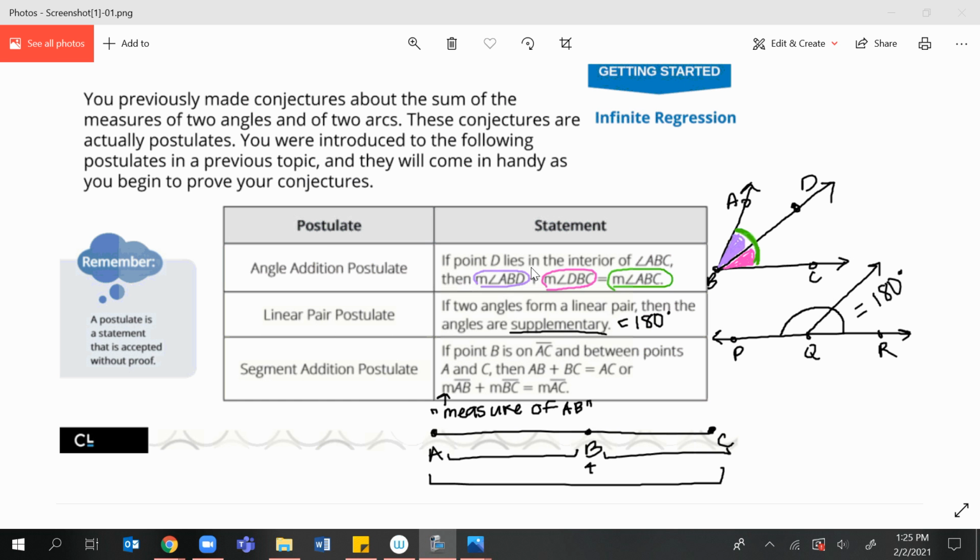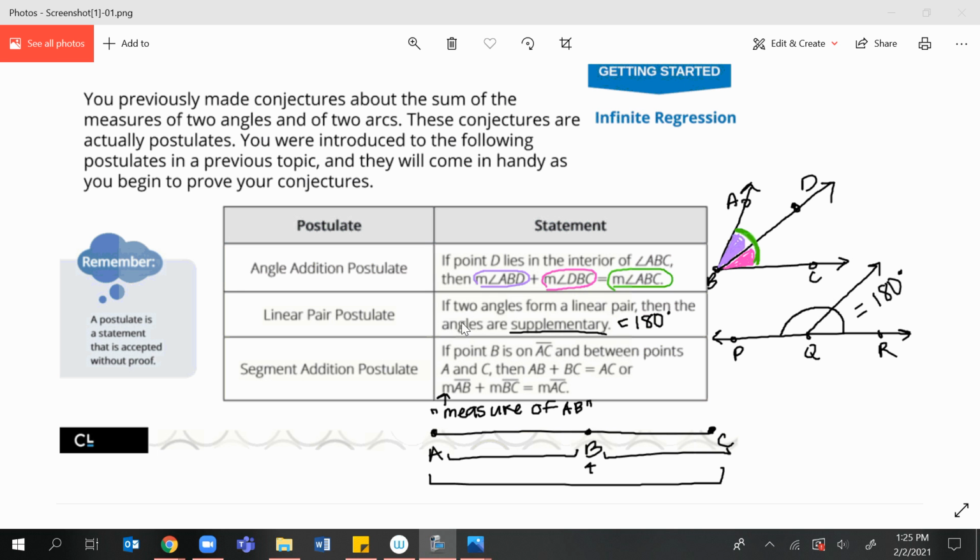Angle addition says that if point D lies on the interior of angle ABC, then the measure of angle ABD plus the measure of angle DBC equals the measure of angle ABC. Remember also that when we label and name angles, the letter in the corner of your angle is the middle letter of the angle you are referring to.